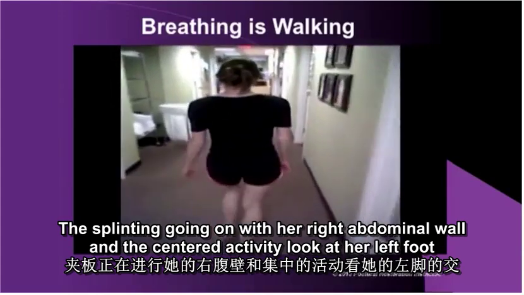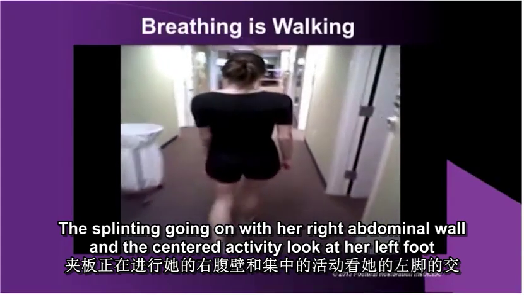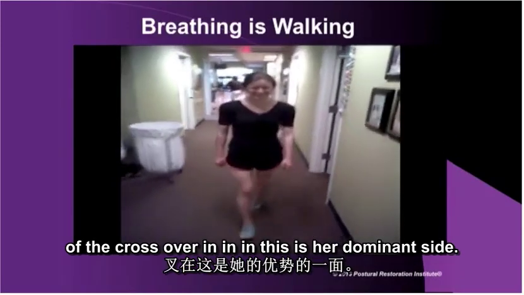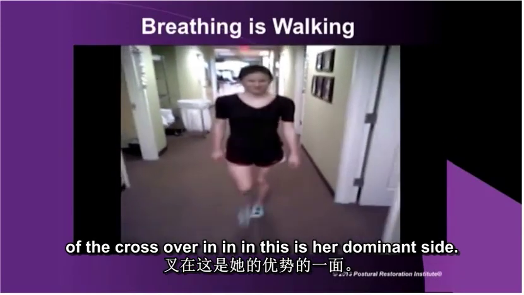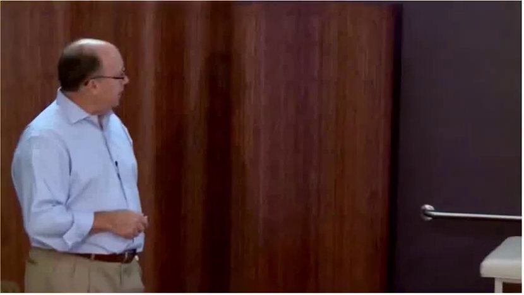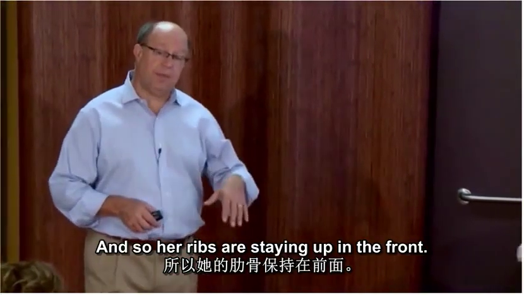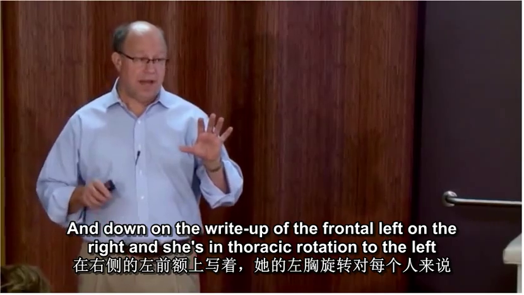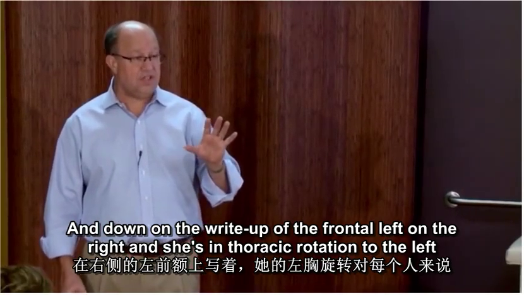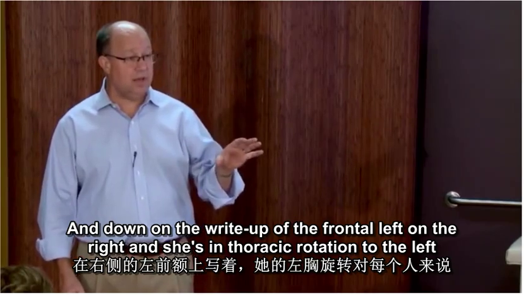This splinting going on with her right abdominal wall and the centered activity. Look at her left foot and right foot. Look at the crossover. In, in, in. This is her dominant side. And so her ribs are staying up in the front and down on the right, up in the front on the left, down the right, and she's in thoracic rotation to the left.